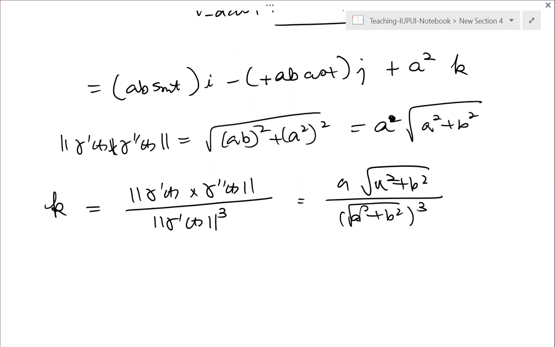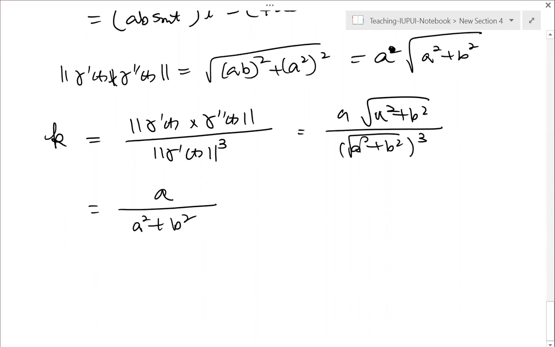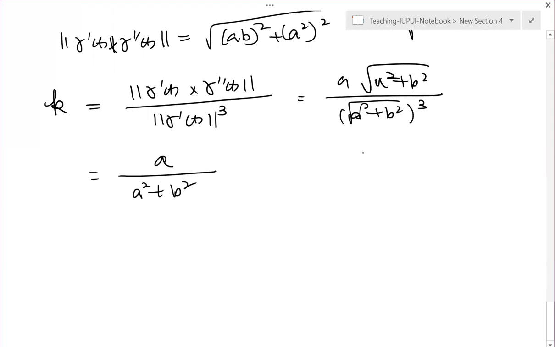Then finally, after you simplify it, we assume here a, b are positive, so you get a over a squared plus b squared. It's a constant. So constant curvature. How does the curve look like?